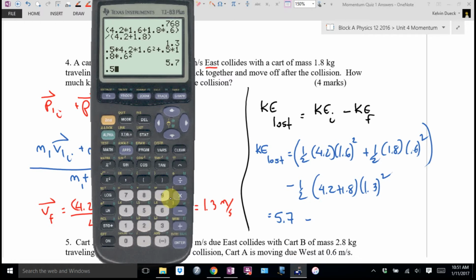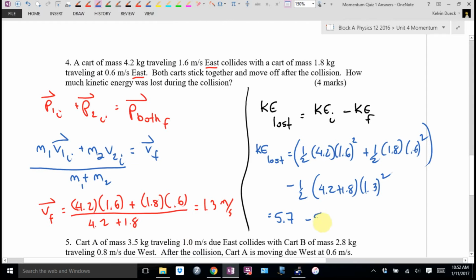Afterwards, I have 0.5 times 4.2 plus 1.8 times 1.3 squared, which is 5.07 joules of kinetic energy. Do you lose 0.63 joules? Is that right?